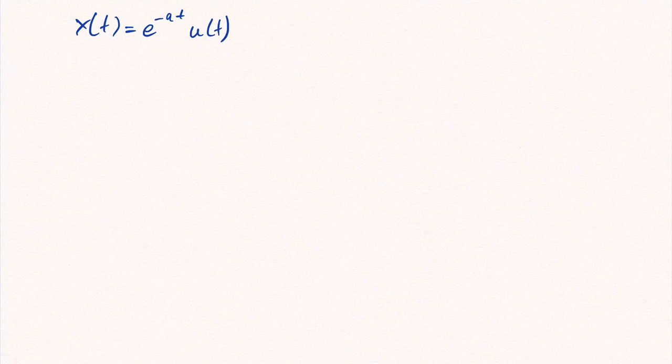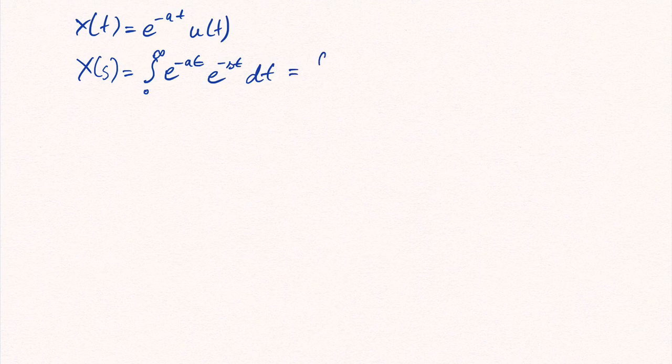The unilateral Laplace transform of x is called X of s, and it's given by the integral of e to the minus at times e to the minus st dt. This is equal to the integral of e to the minus s plus a times t dt, for which we can find the antiderivative.